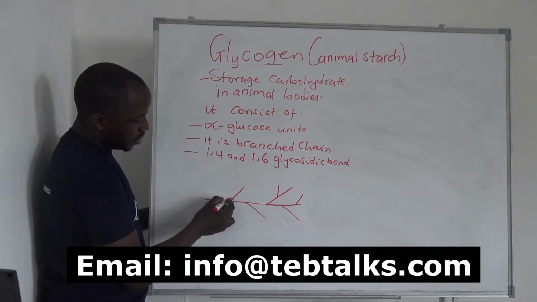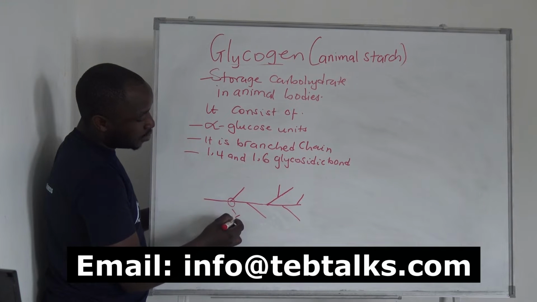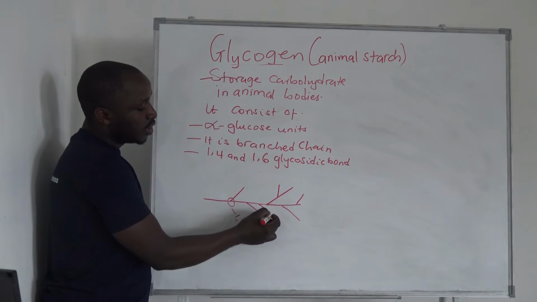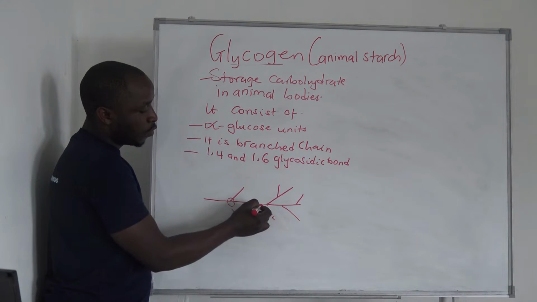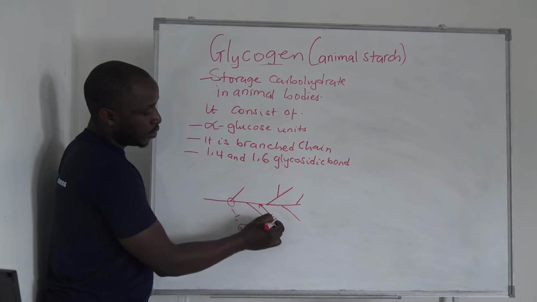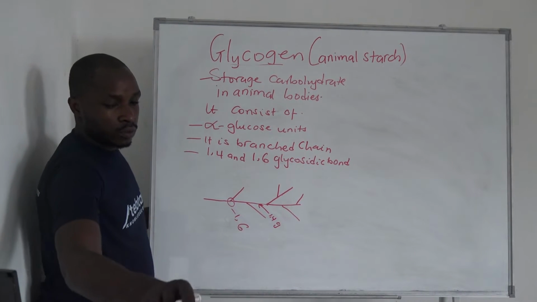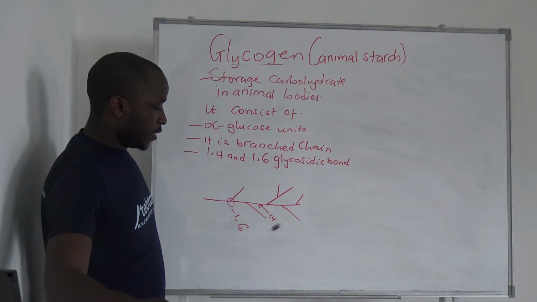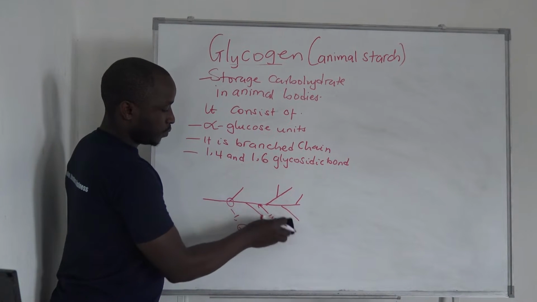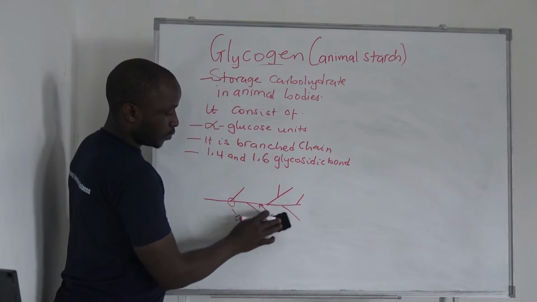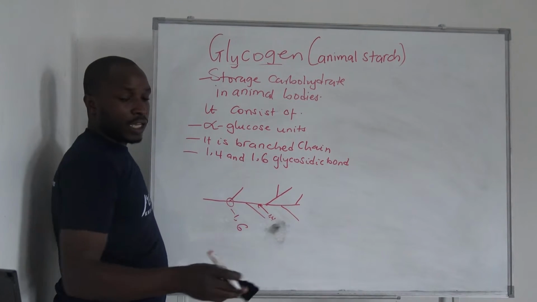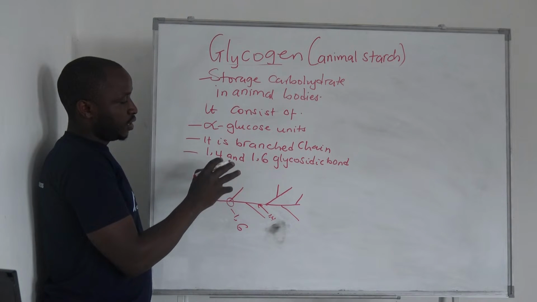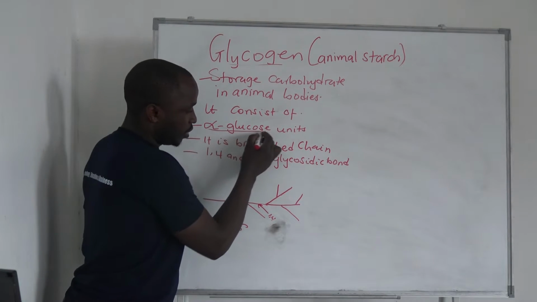At this junction, that's where we find the 1,6 glycosidic bond. Then in the continuous chain, it is the 1,4 glycosidic bond. So it goes like that.